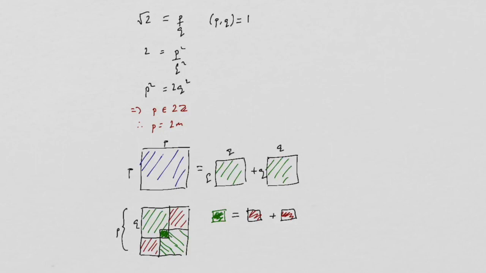Okay, now since p and q are co-prime, they are the smallest p's and q's that have this property. But if we look at the lengths of the sides of these little green and red squares, then we can see that the red ones have a side of p minus q, and the green one has a length of side which is p take away 2 lots of p minus q.